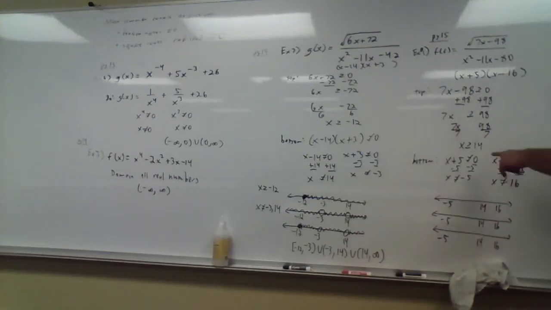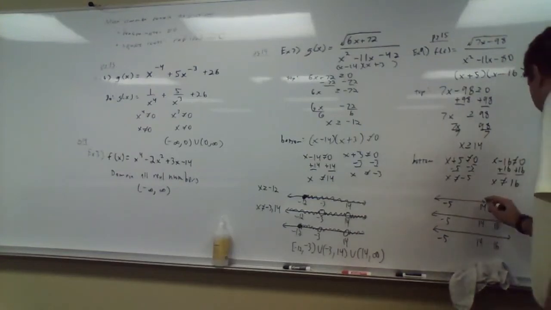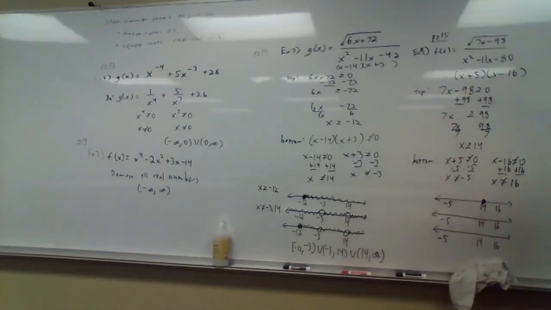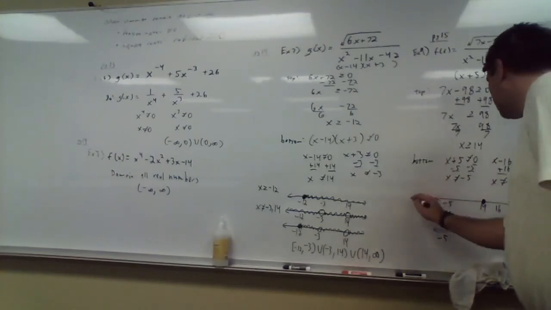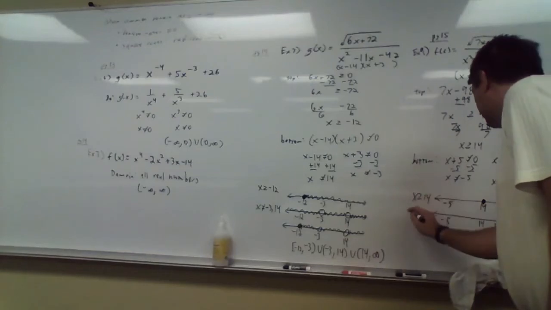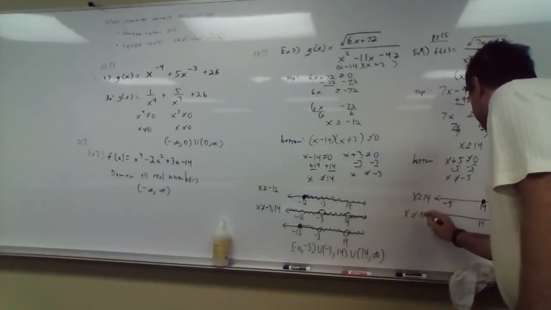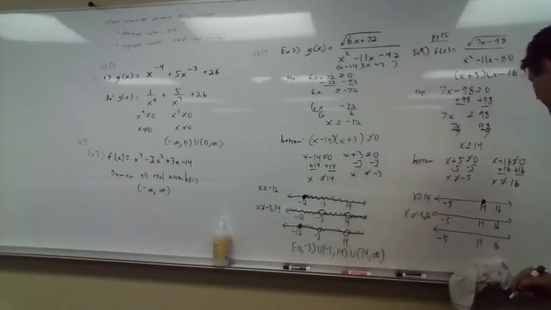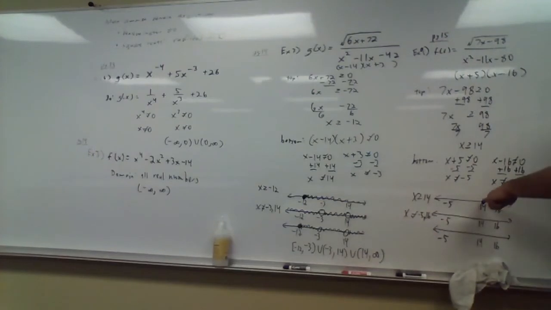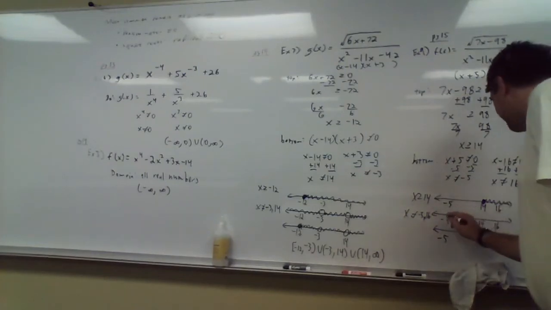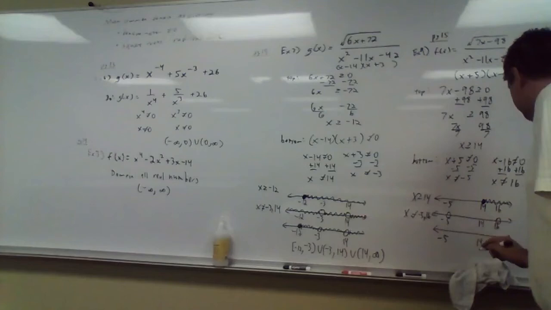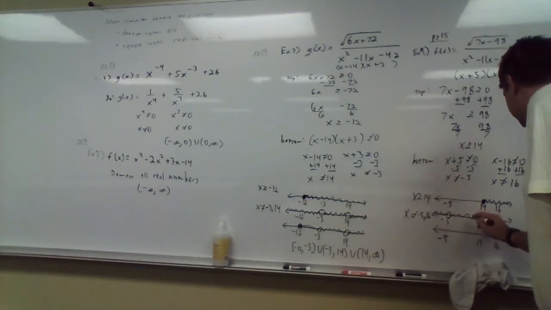All right, so greater than or equal to 14 has got to be a closed dot. So x is greater than or equal to 14, closed dot, shade the numbers that are greater. x cannot equal negative 5 or 16. That's going to be these two. Everything else can be shaded.